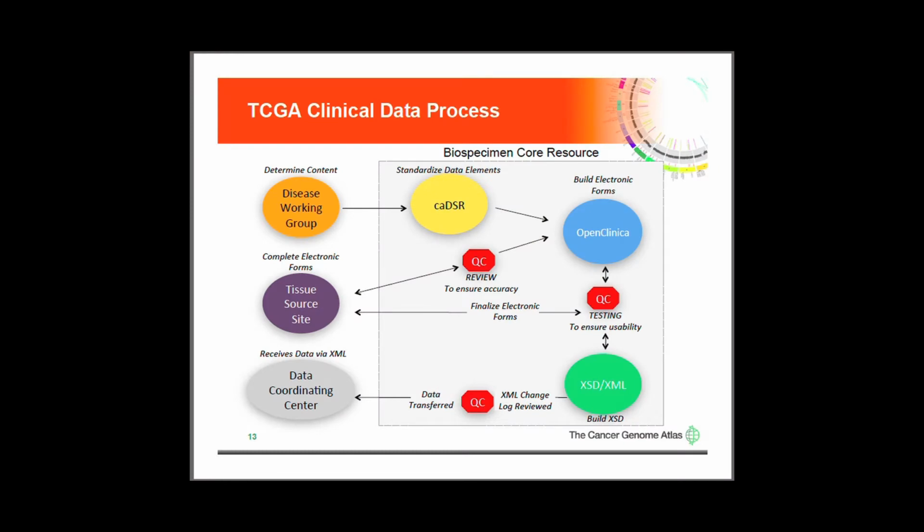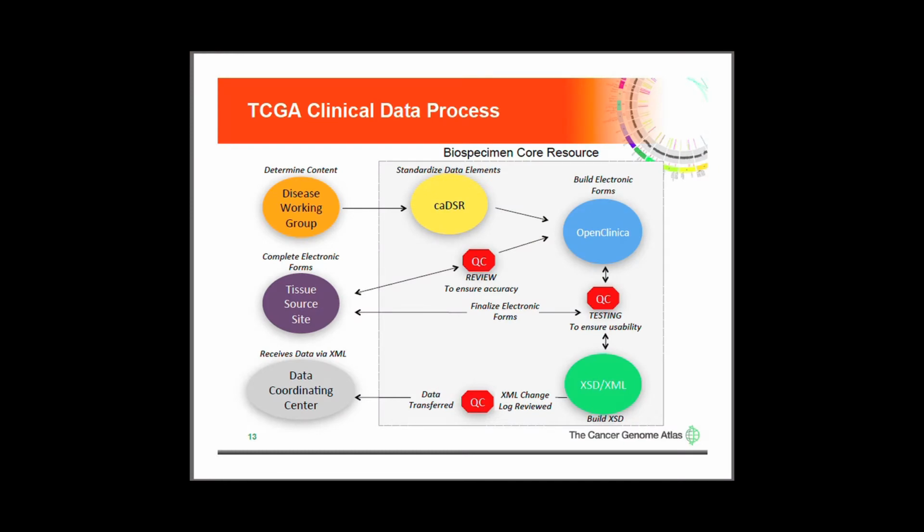So people may be wondering where the clinical data comes from. Who asks the questions? Who determines what's important? Very early in a study, some experts, both within TCGA and outside experts in that tumor type, will get together and form a disease working group.